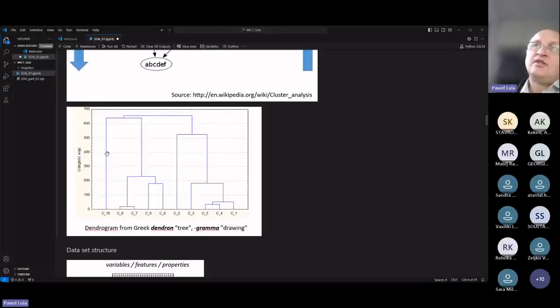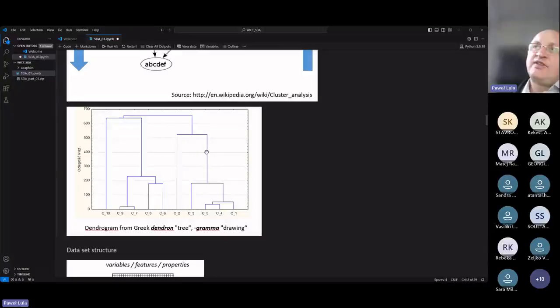The first cluster is composed only of this one object. The second cluster is composed of these four objects. The third cluster is here, and there is only one object inside this cluster.